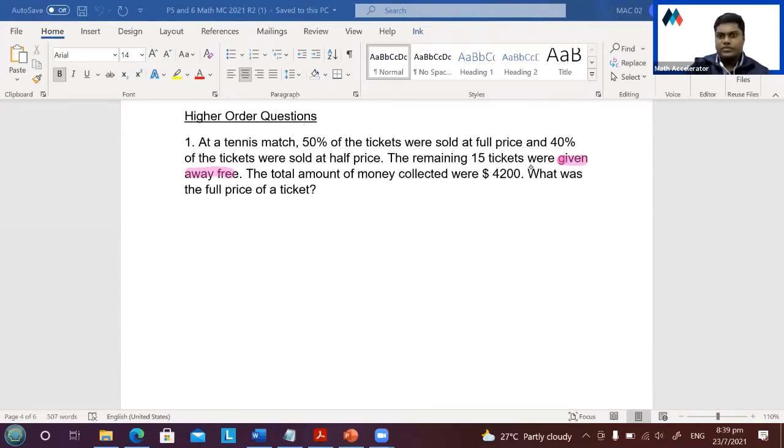Okay, so what I want you to write down is full price, half price, and free. Okay, so now let's put down the percentage. This is 50%. This is 40%. So what do you think is the percentage of tickets that were free?